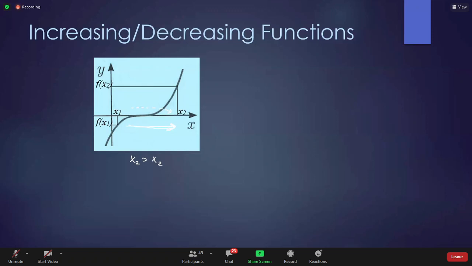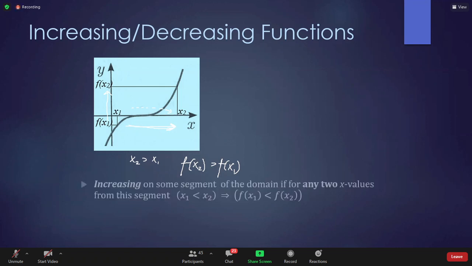Okay, sorry, that was x1, this last thing. Then the function value at the second point will be greater than the function value at the first point. This is a mathematical description of an increasing function.